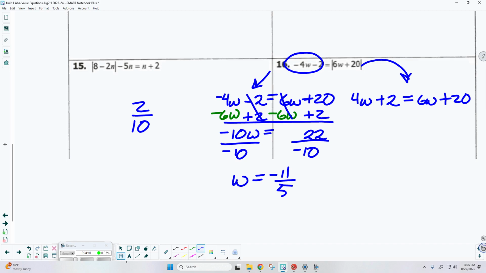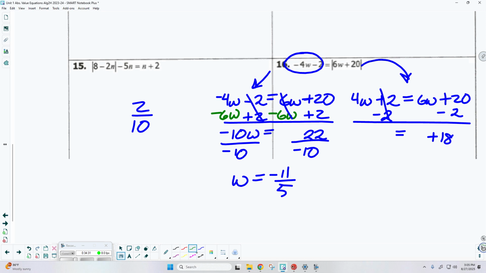All righty. And now let's run through the other one. Carlos, what term would you like me to move? Okay. Let's move that 2. So I'm going to subtract the 2. Opposites cancel. So now 20 minus 2 this time is going to be a plus 18. Okay. So let's do the same thing.